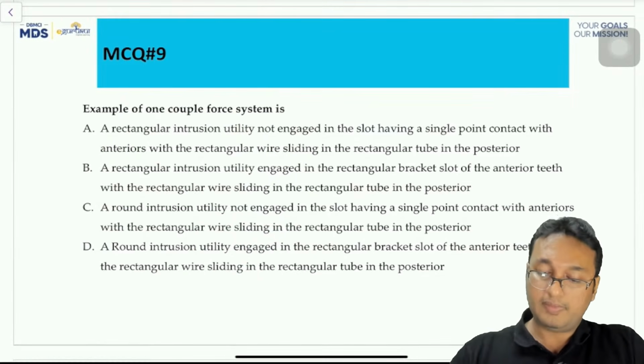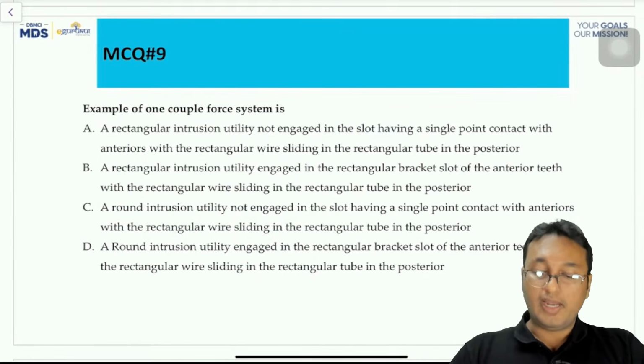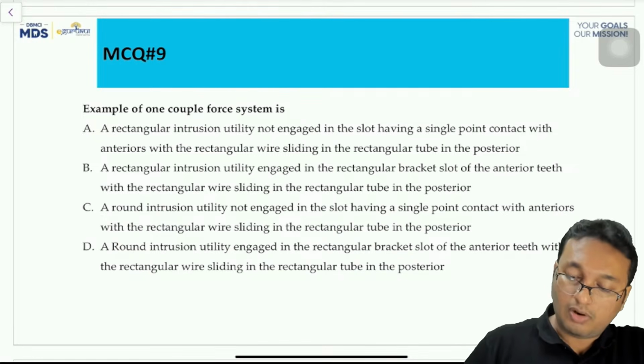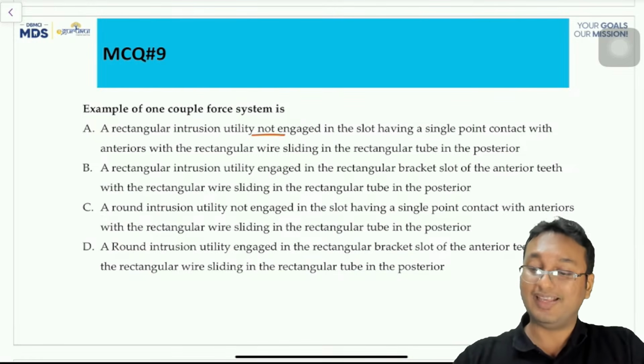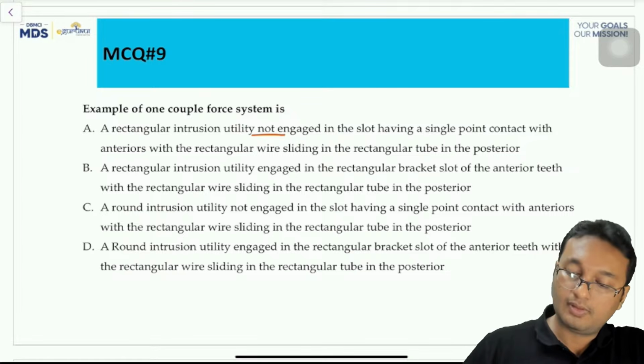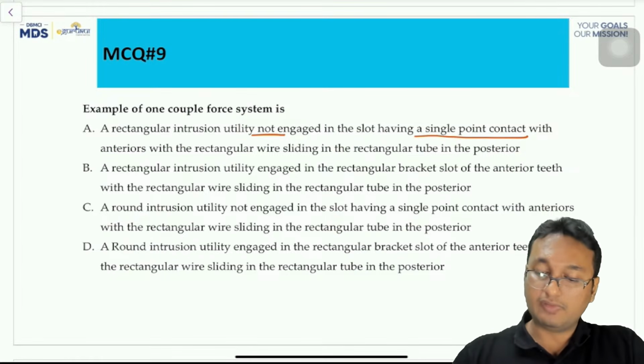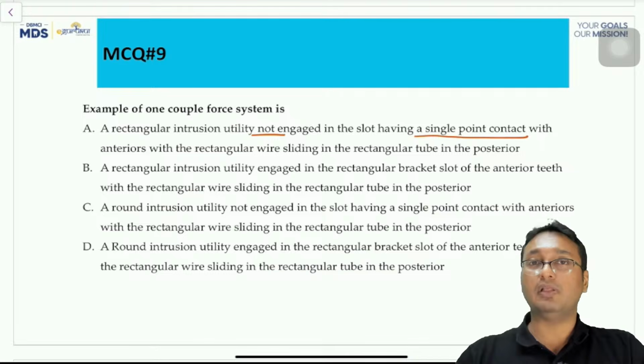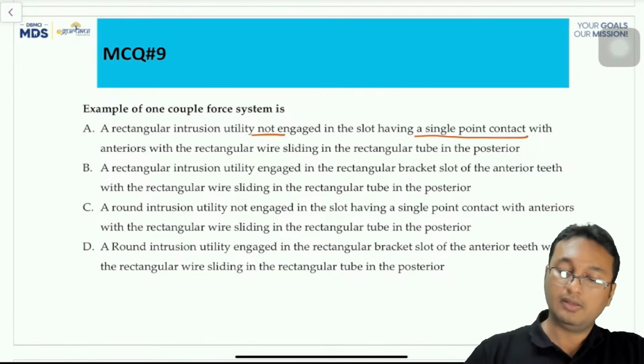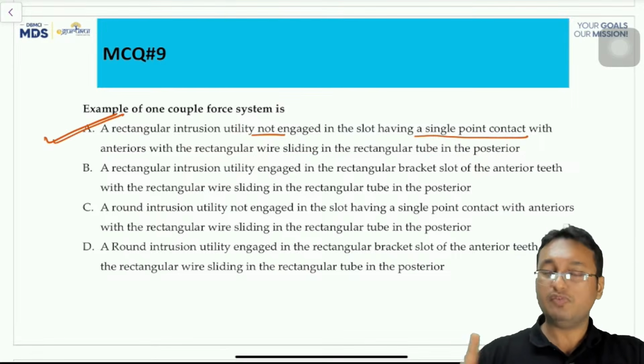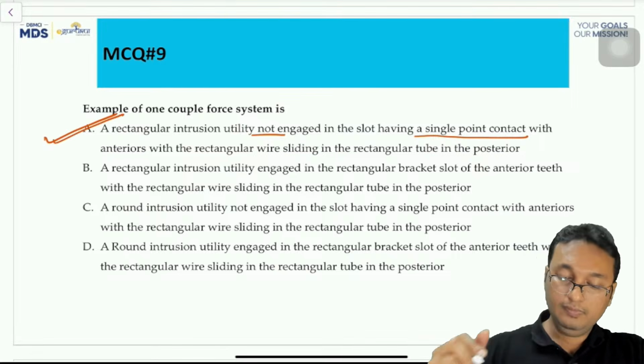Example of one couple system is a rectangular intrusion utility arch not engaged in the slot, having a single point contact with anterior, with a rectangular wire sliding in the rectangular tube in the posterior. So this is what one couple system is. I showed you with the help of a diagram earlier.